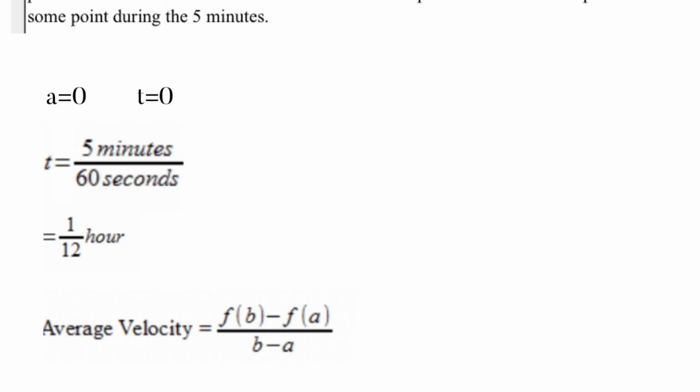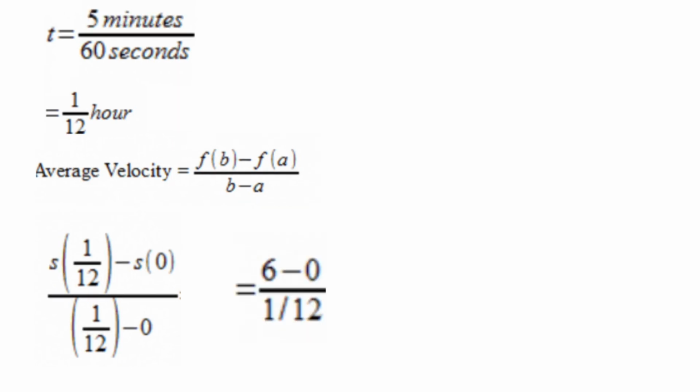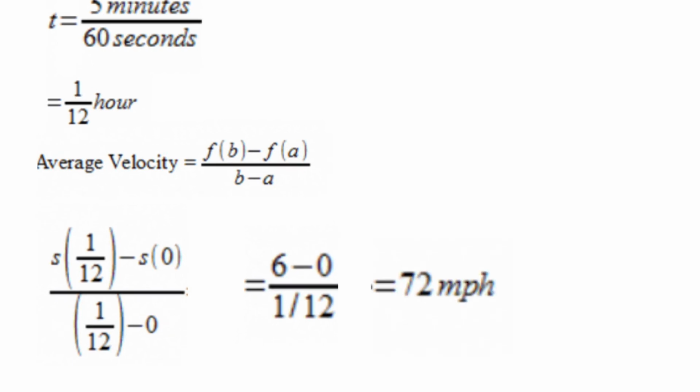So s of b, which is 1 over 12, minus s of a, which is 0, divided by 1 over 12 minus 0. Once we solve this, we get 6 minus 0 all over 1 over 12. And once we divide, we get an answer of 72 miles per hour.